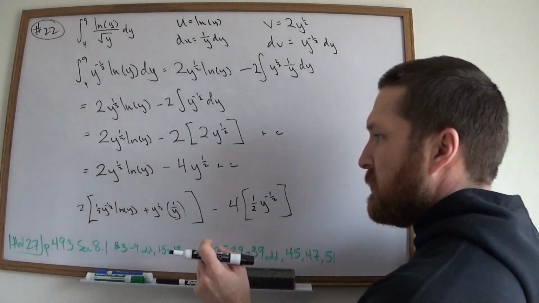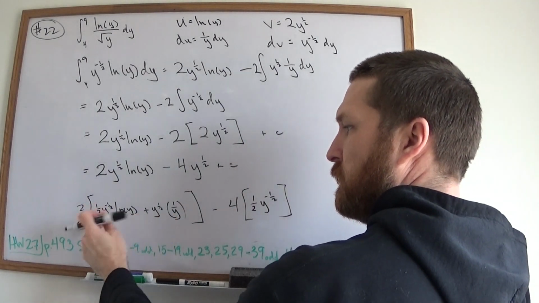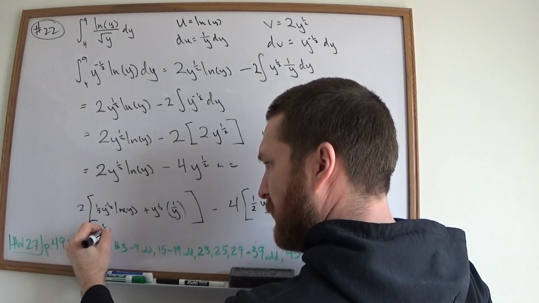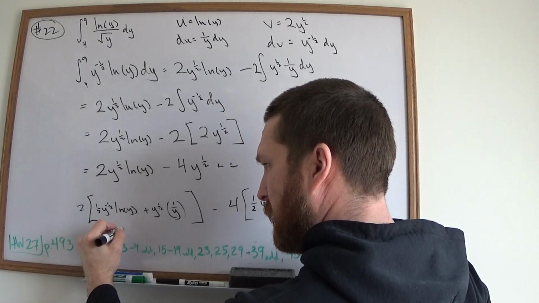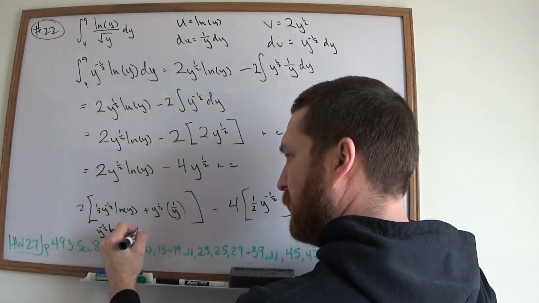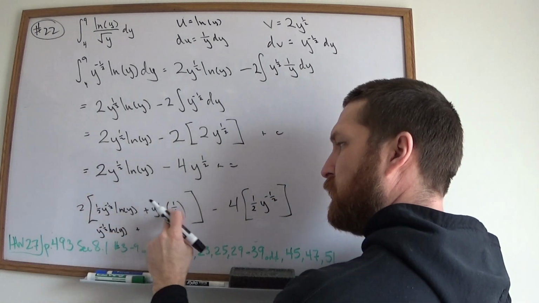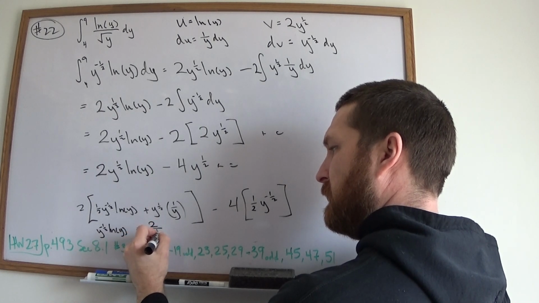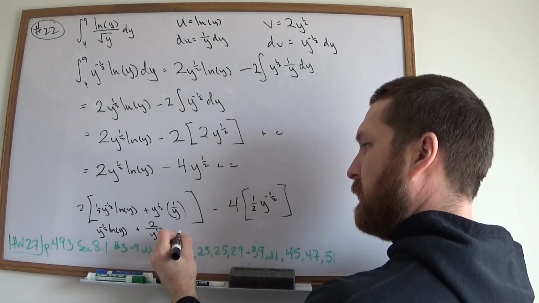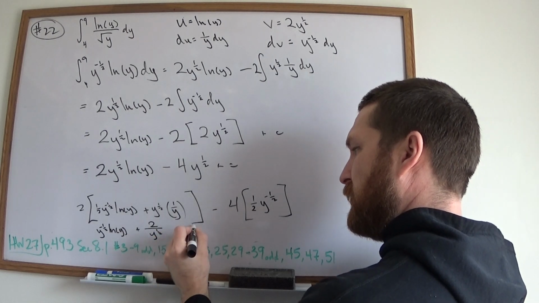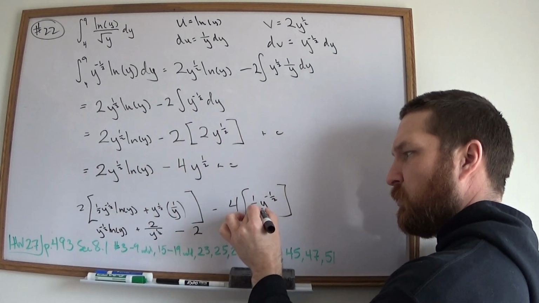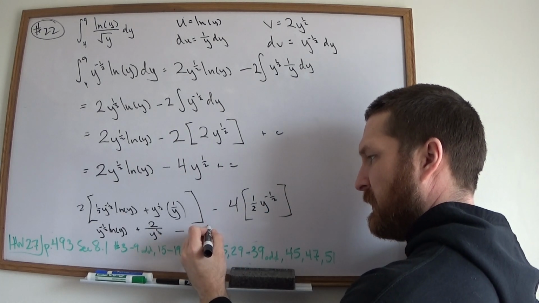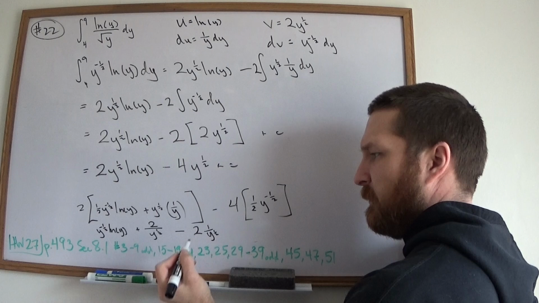That, hopefully, works out to that. Let's see. So, 2 and 2 is gone. We have y to the negative 1/2 log y plus 2, that's y to the 1/2 down here, minus 2 y to the negative 1/2, which is the same thing as y to the 1/2 in the bottom.